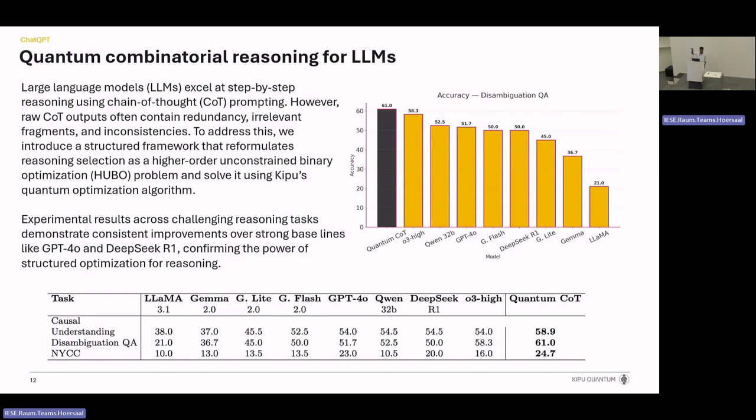There are certain complex questions which require reasoning, and on these questions, when we formulate this as a HUBO and solve it using our solvers, you can get better accuracy in arriving at the correct answer.